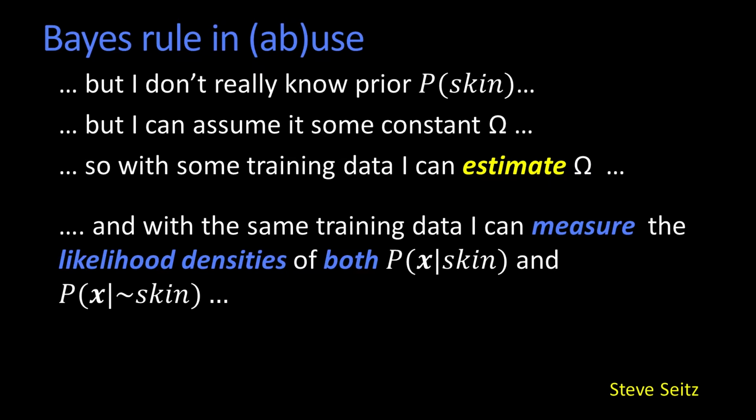So with this training data, I can also estimate that prior, and I can measure those likelihoods. Those are the likelihood densities, those histograms that I built. And remember, I need two histograms. I need P of x given skin, what are the hues that I get on the skin, and P of x given not skin. With that same training data that I use for estimating the prior, I can also estimate my likelihoods.